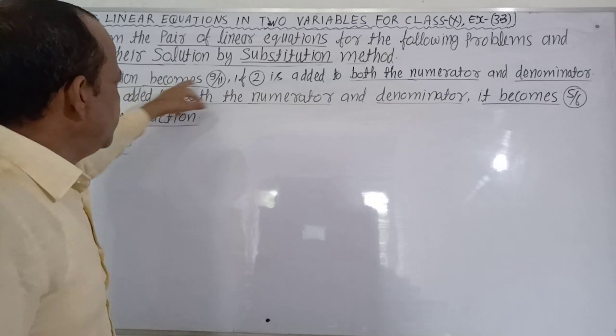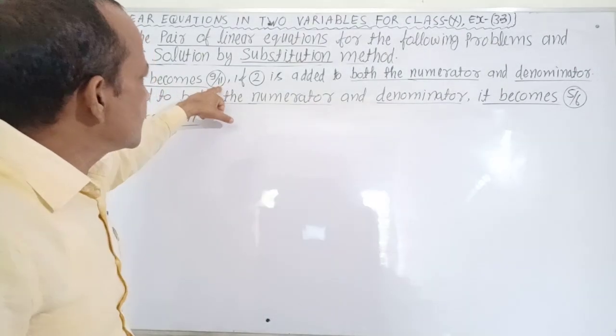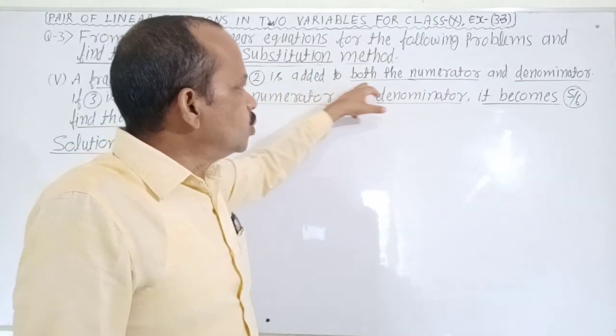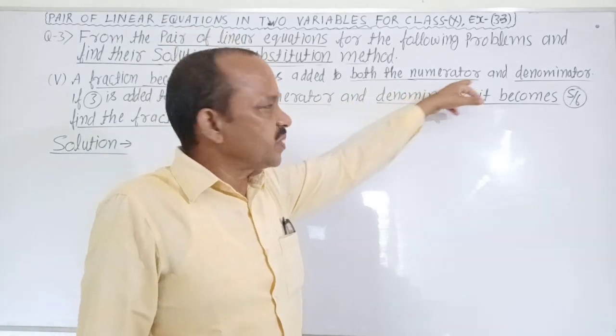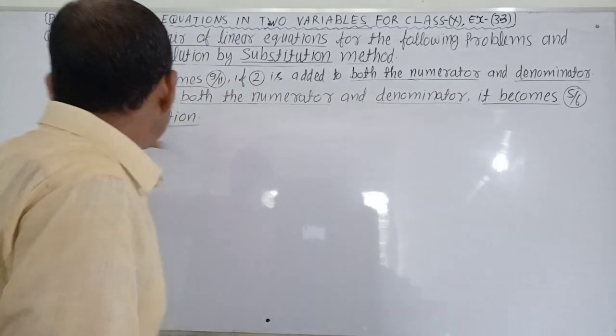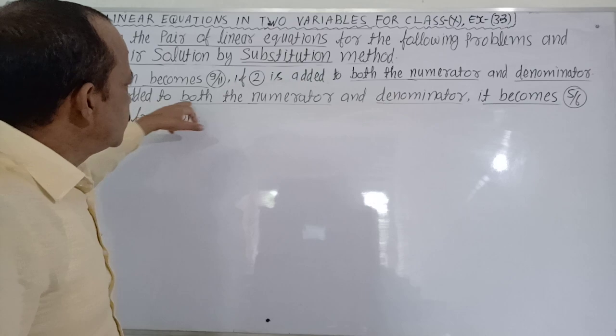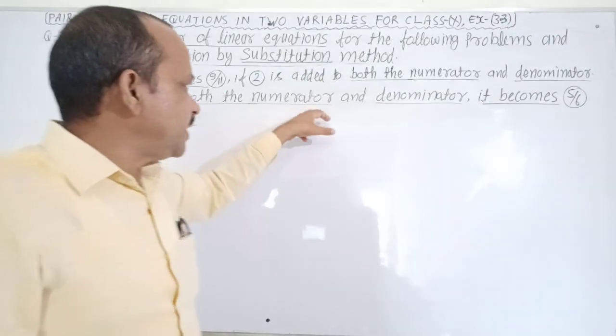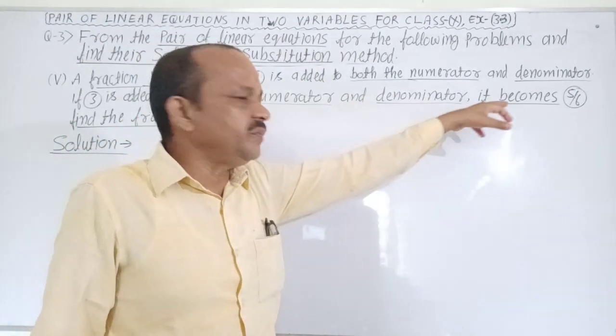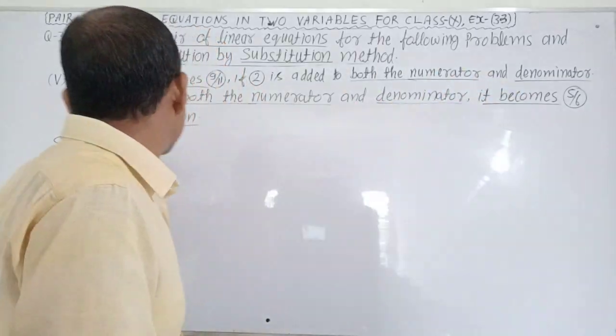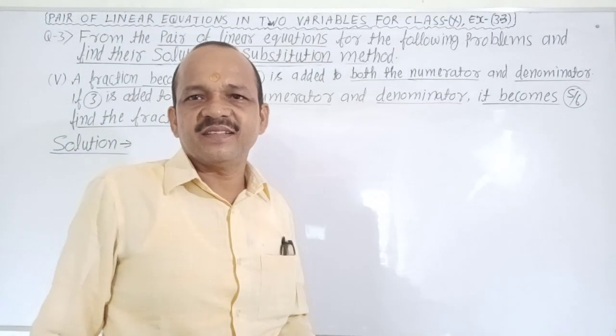A fraction becomes 9 by 11 if 2 is added to both the numerator and denominator. If 3 is added to both the numerator and denominator, it becomes 5 by 6. Find the fraction.